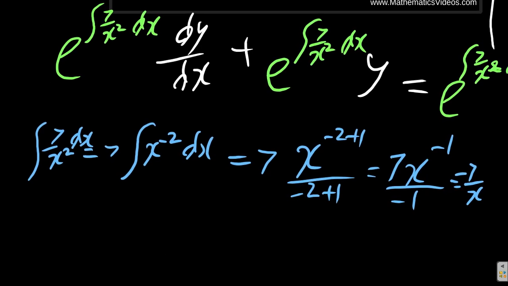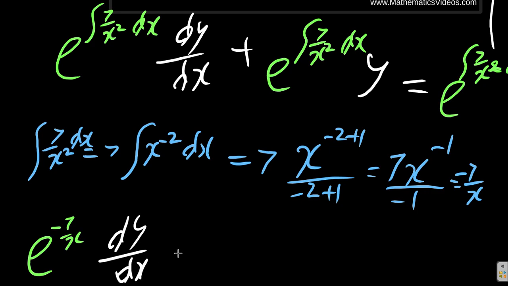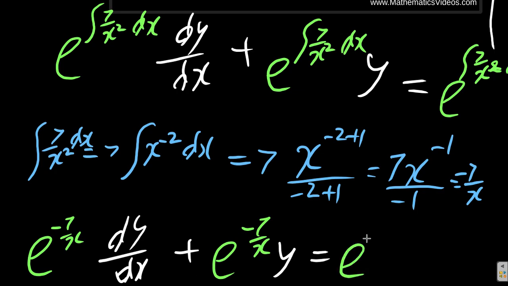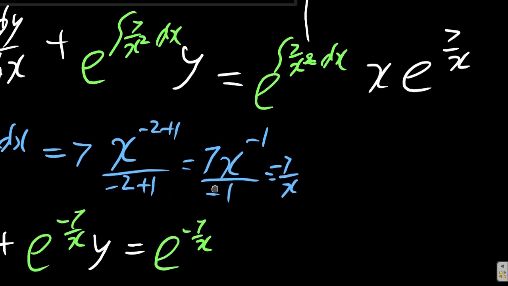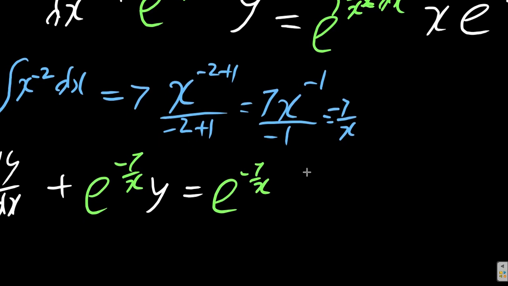So what we have then is e to the negative 7 over x dy by dx plus, then we have e to the negative 7 over x times y is equal to e to the negative 7 over x times x e to the 7 over x.